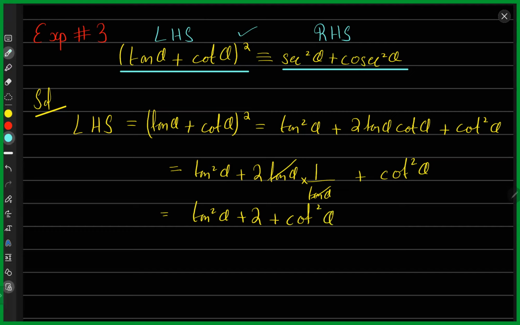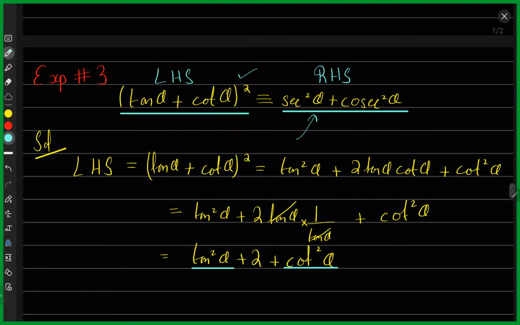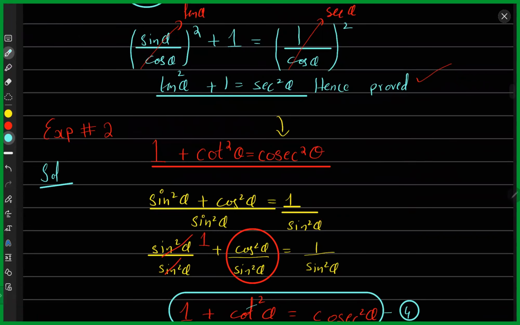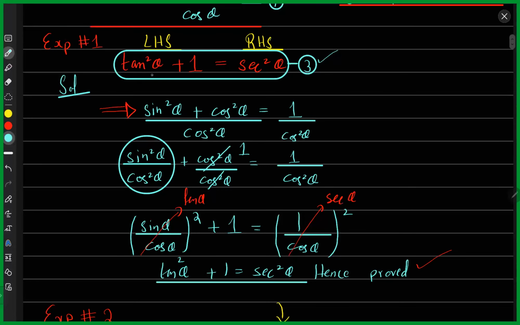One thing is certain, at this point I have tan and cot. In my actual identity, what I need to show is secant and cosecant. So I need to use some helping identities, something that was linking tan and secant. Let's use this one now. So tan square theta plus 1 is equal to secant square theta.